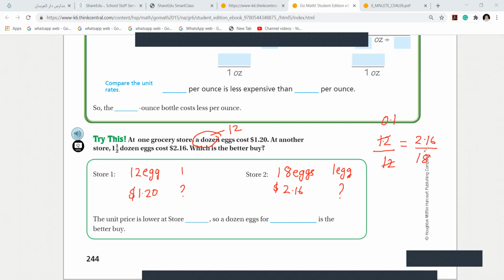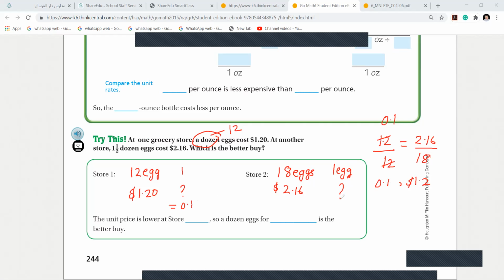All right. I get here 0.1. And here, $2.16 over 18, this I get $0.1 and this I get as $1.20.